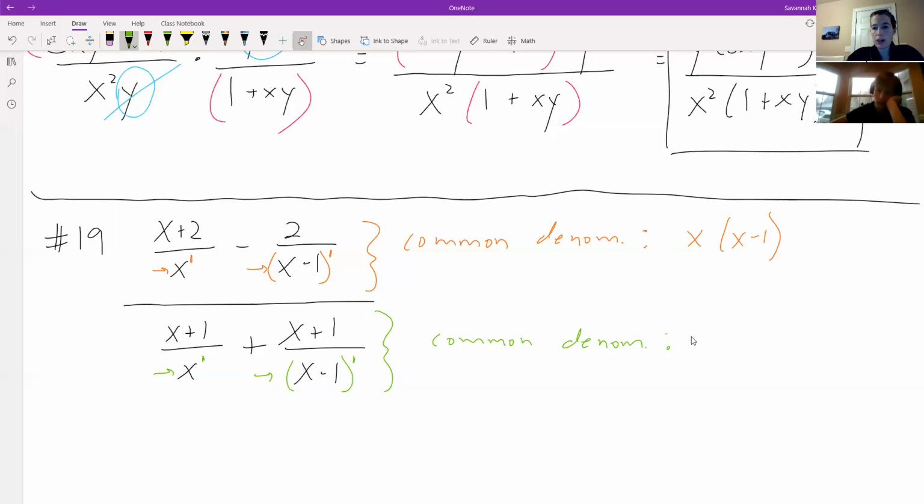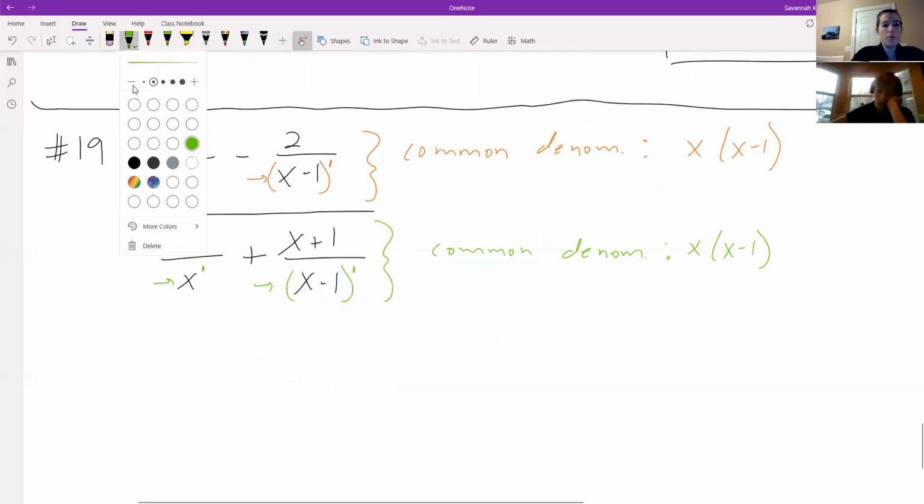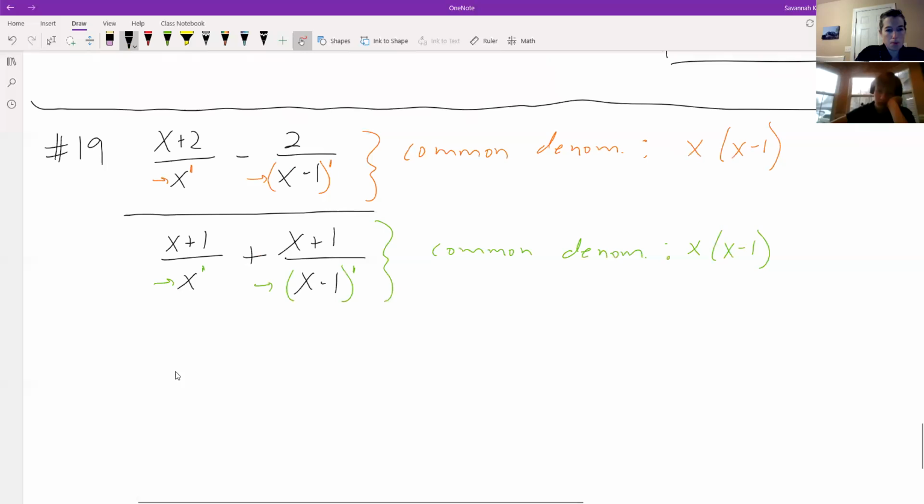And then here I've got the same thing underneath. This would be a problem that I know they're really into making us do method 2, but I don't see the benefit to that. So let me rewrite this big messy thing. And I'm going to just keep that in parentheses.